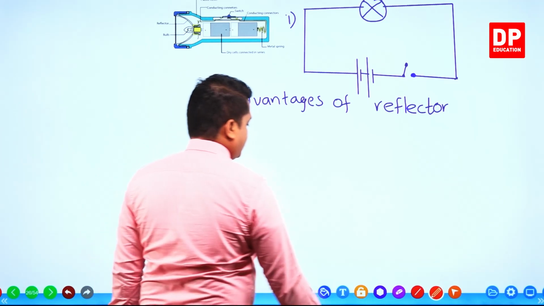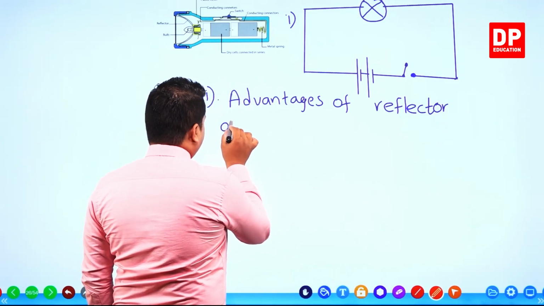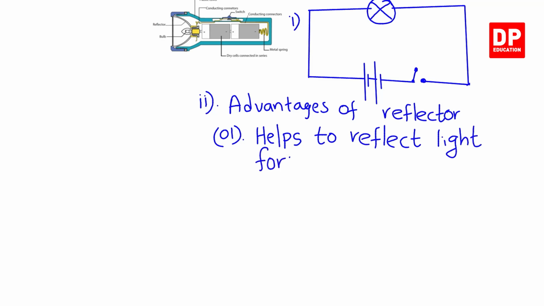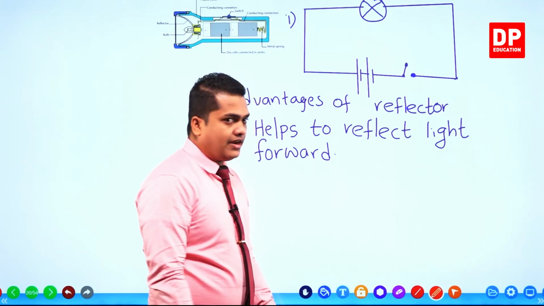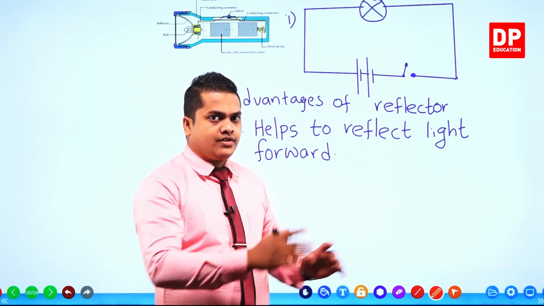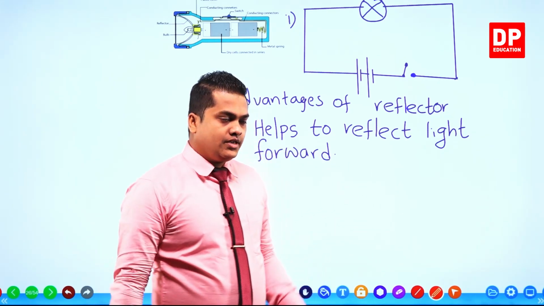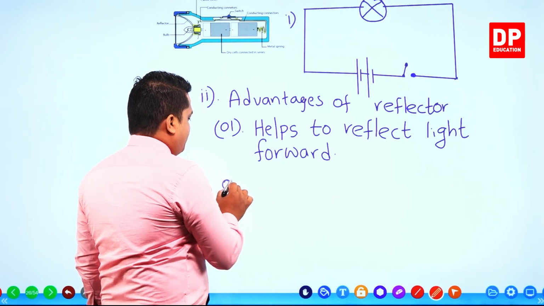Advantages of reflector. Number one, helps to reflect light forward. It helps to reflect light forward to the front. That's why we need to direct the torch like this, forward. Okay. Then the second one is the important one.